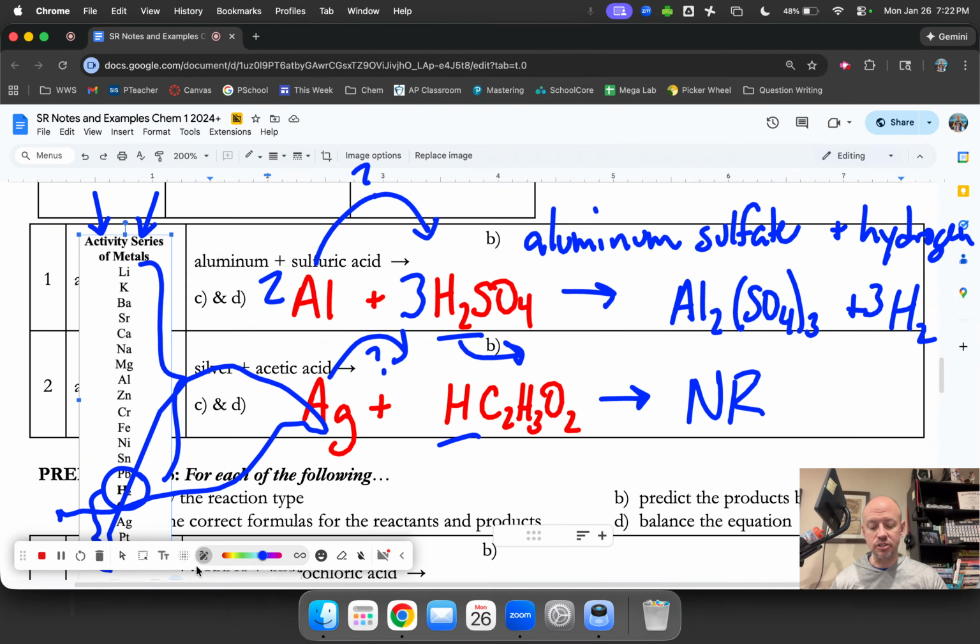So as we do our single replacements, we can recognize in all cases it's an element by itself reacting with a compound. In all cases, that element by itself may or may not replace a corresponding element in the compound. We have to flip our periodic table over and look at the chart. Only when the thing by itself is up near the top do we do that.